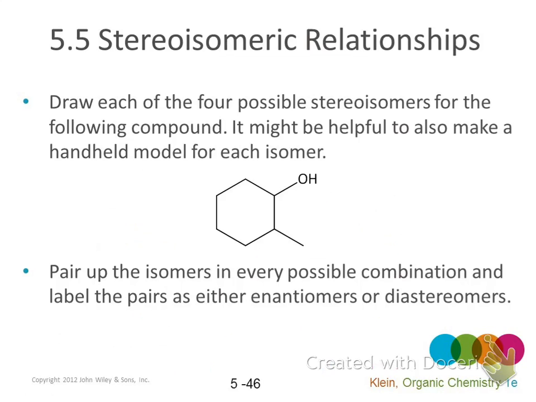So, okay, now I have a compound known as a cyclohexanol. This is carbon 1, and this is 2, so this is 2-methyl cyclohexanol. You don't have the alcohol nomenclature yet, but if it's an alcohol, we just take the E off the ane and make it OL. So this is 2-methyl cyclohexanol.